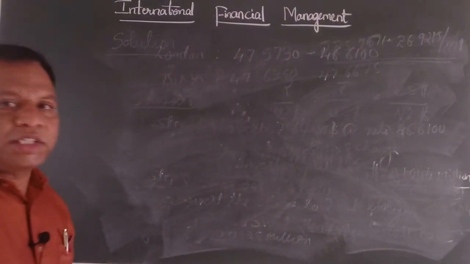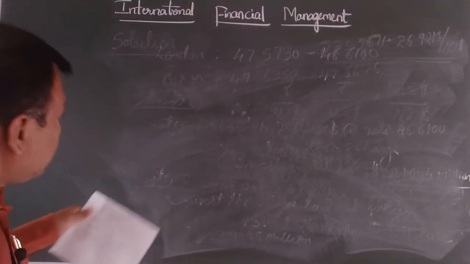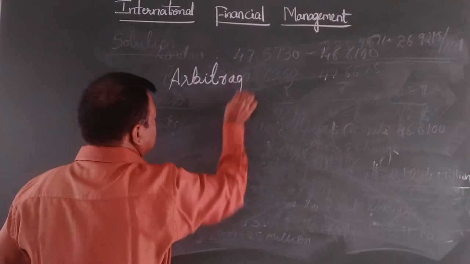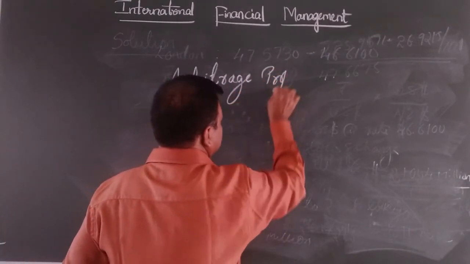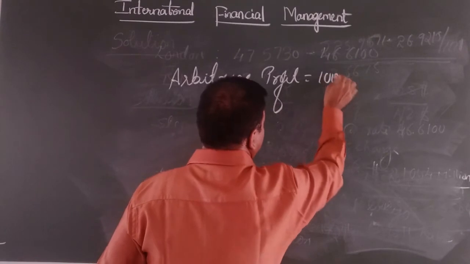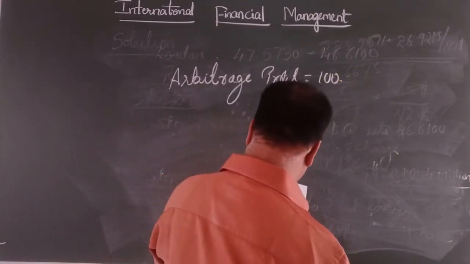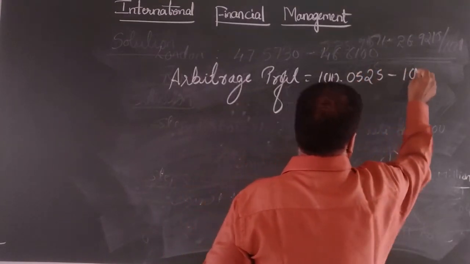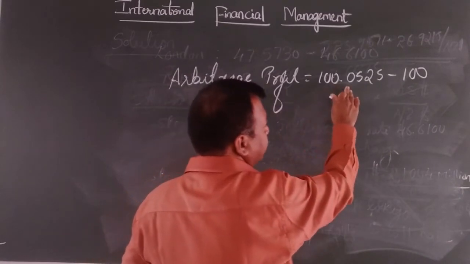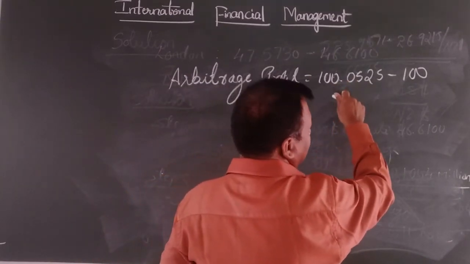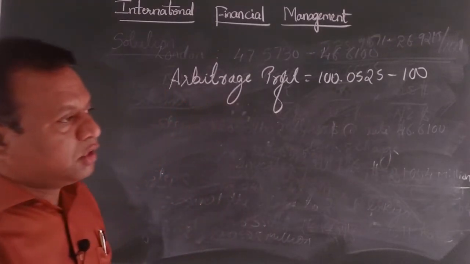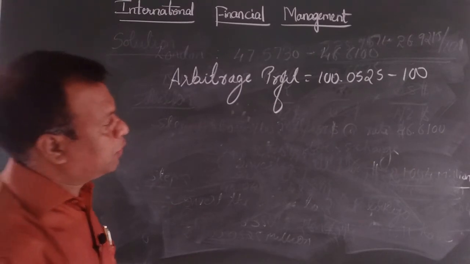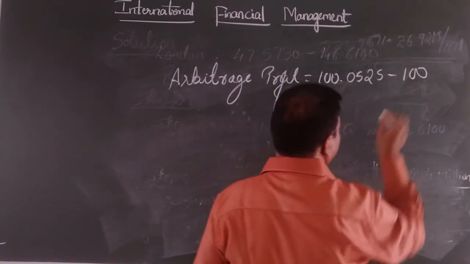Now let's see what the arbitrage profit is. Arbitrage profit is equal to 100.0525 minus 100. 100.0525 is the round amount we got after converting rupee to dollar in London and dollar to rupee in Tokyo. The original investment is 100 million.